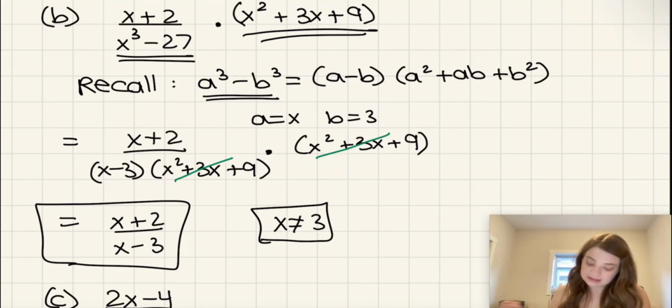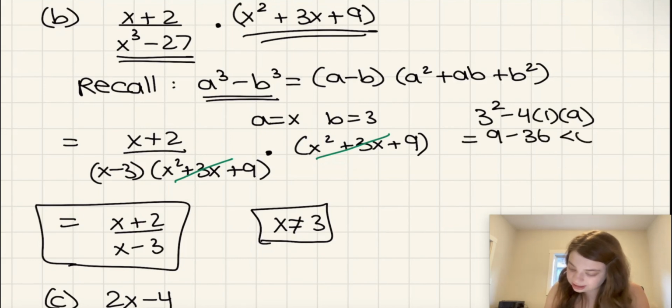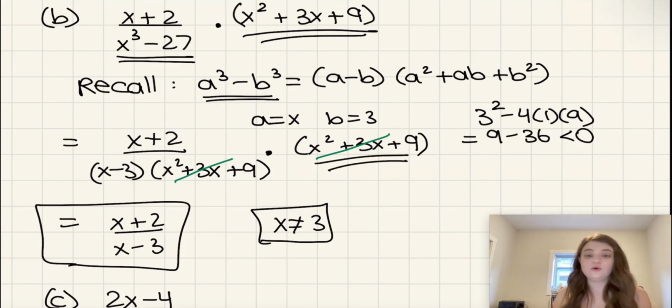So if we do b squared minus 4ac, that's going to be 3 squared minus 4 times 1 times 9, which is equal to 9 minus 36, which is clearly less than 0. And therefore, this equation has no real solutions. Therefore, we're good to go with just x cannot equal 3.